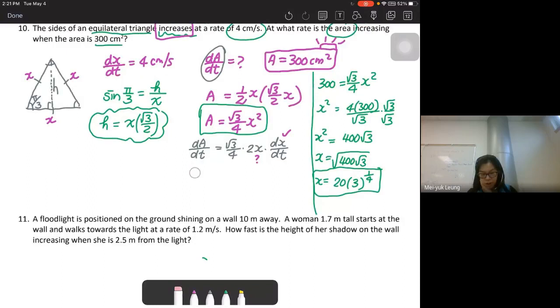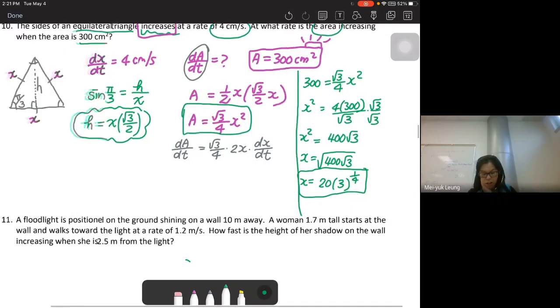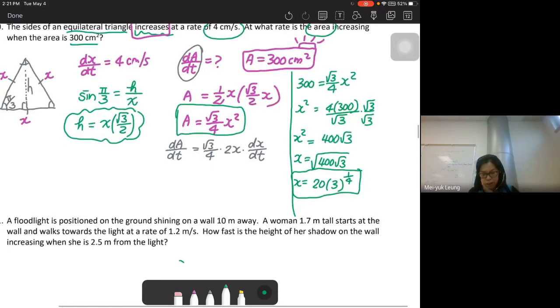You're going to sub all the information back into this derivative function. So dA/dt is equal to, so cancel the 2, reduce it. We have square root of 3 over 2 times 20 times 3 to the power of 1 over 4, and then times 4, which is the dx/dt. So simplify everything. That's 10, that's 40.